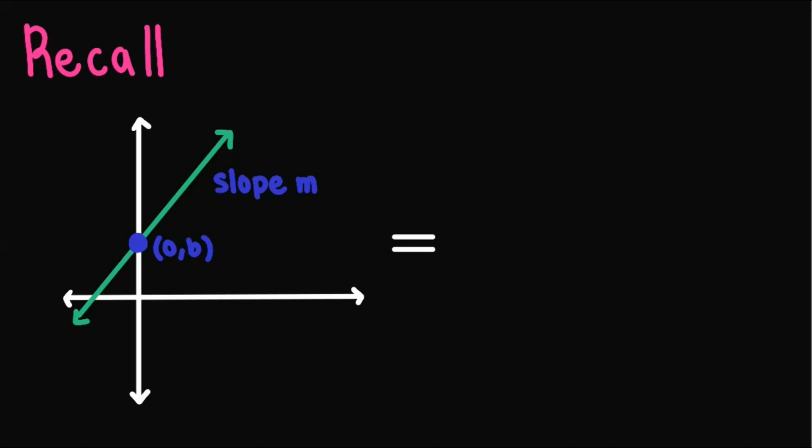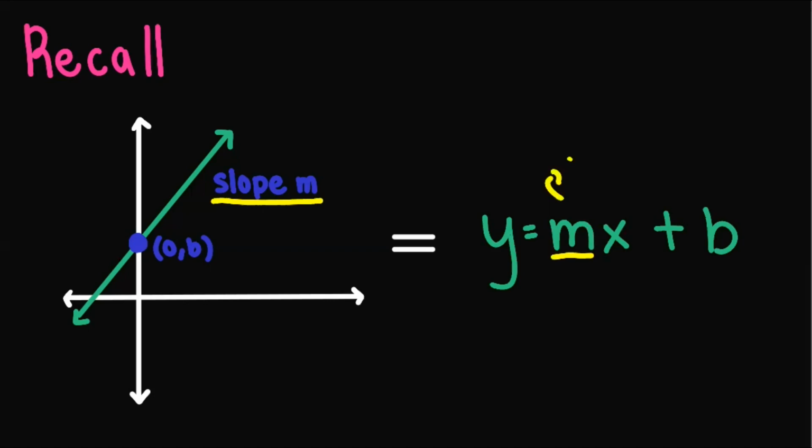That is given by y equals mx plus b, wherein m out here represents the slope, while b out here represents the y-intercept.